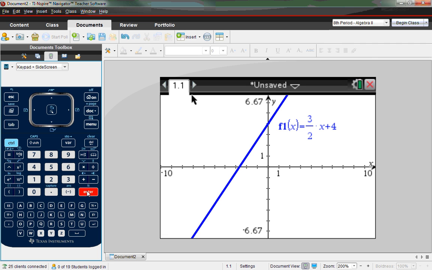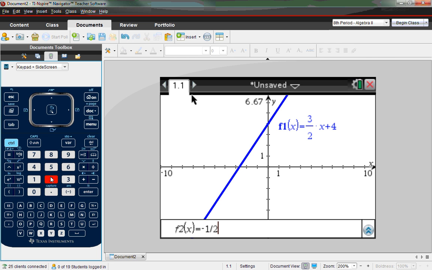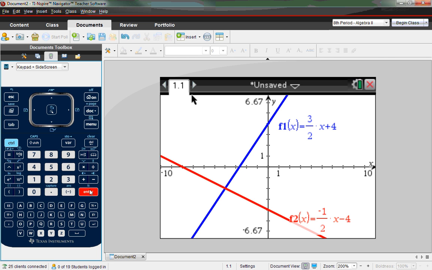We're going to go ahead and hit tab, 2 keys down from escape. And there's my function entry line. And what am I going to type in there? -1/2 x minus 4. Hit enter, and there's my second function. Now, do you see where those two functions cross in space?